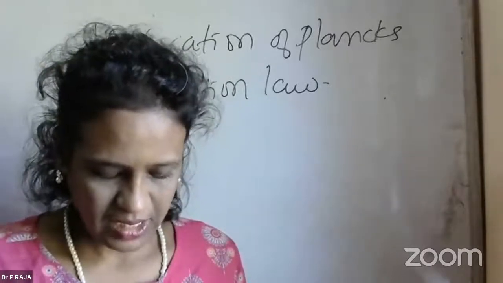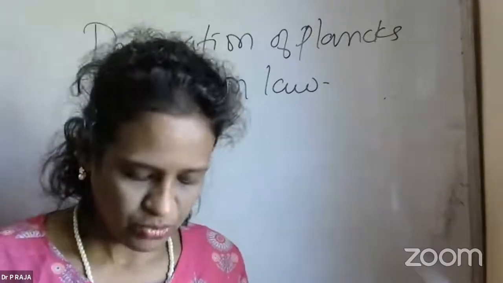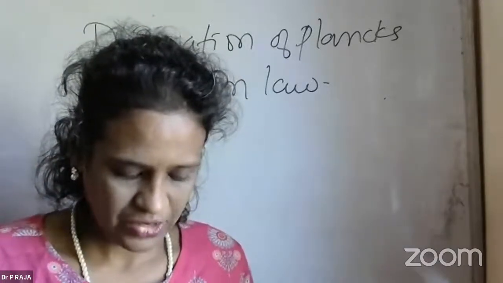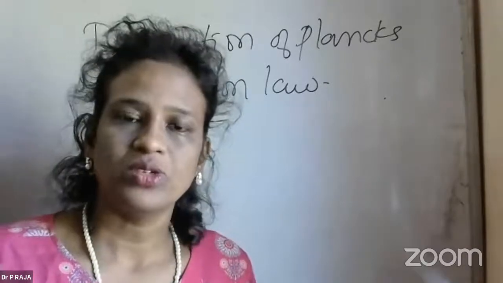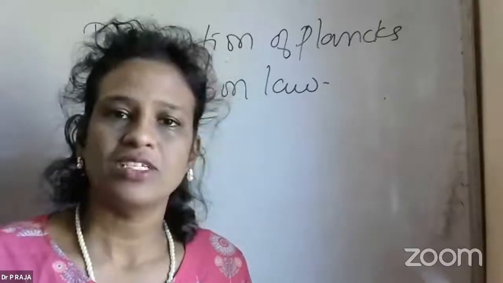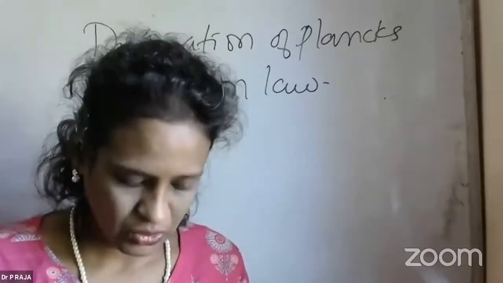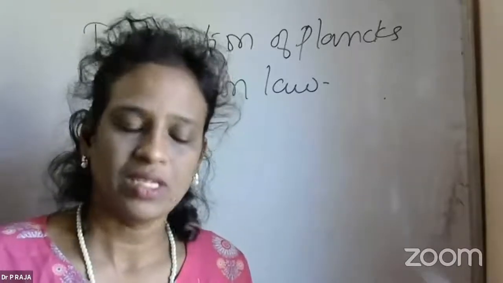Without repeating the same thing again and again, we will move on to the calculation of the number of resonators per unit volume which is lying in the frequency range of nu and nu plus d nu. Similar derivation. If you have gone through the previous video, it will be really clear.